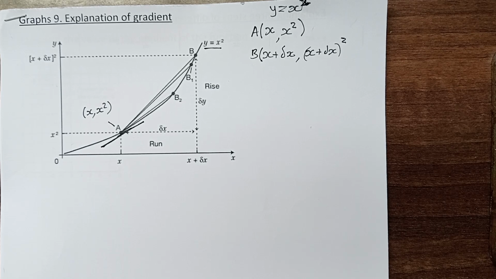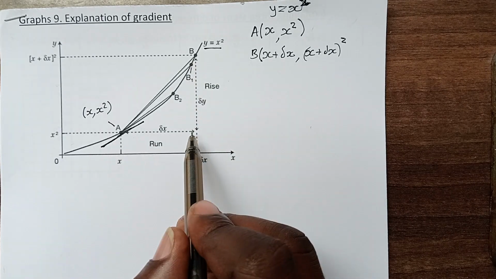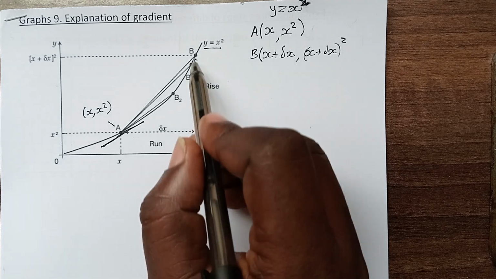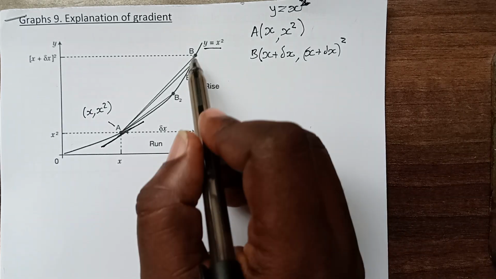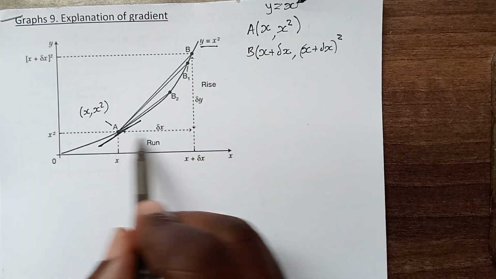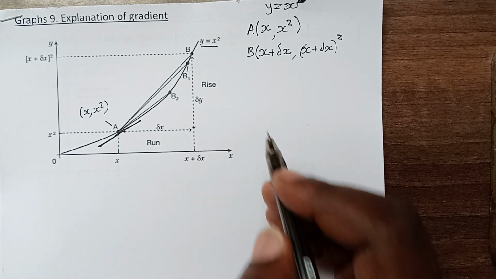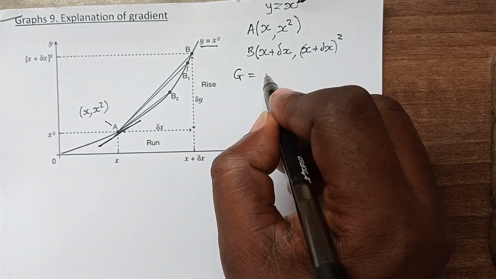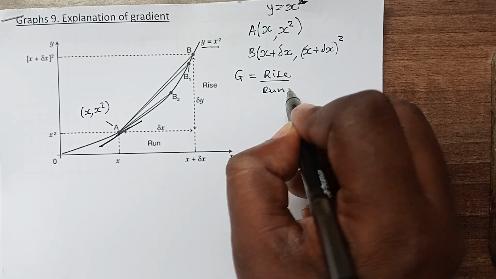We know how to calculate the gradient from first principles. It is always rise over run. It is always the change in the vertical dimension over the change in the horizontal dimension. So gradient is always rise over run.